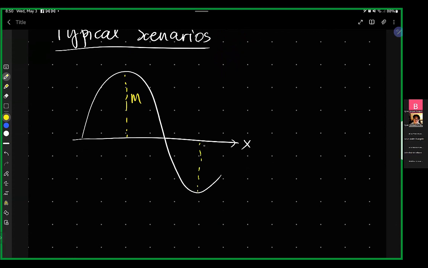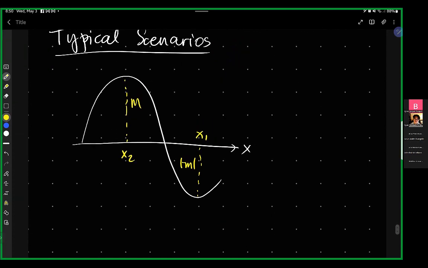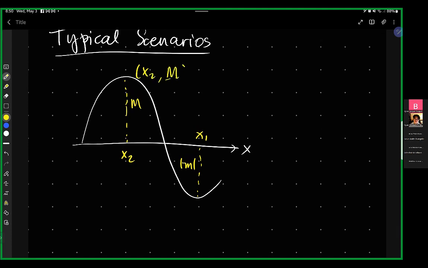So as you can see, for this function, we have on the point x2 and the point x1 the absolute maximum and the absolute minimum, respectively. And the coordinates of this absolute maximum and absolute minimum are given by the following. This is x2, capital M, where capital M is a value of y. And then for the minimum, we have these coordinates.